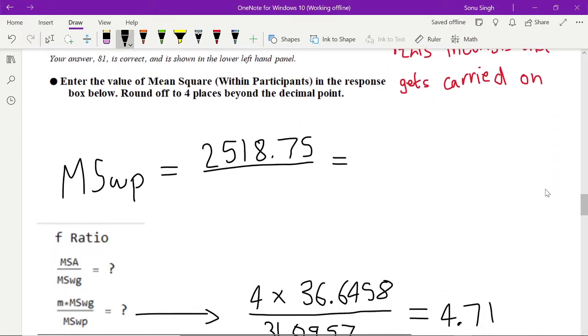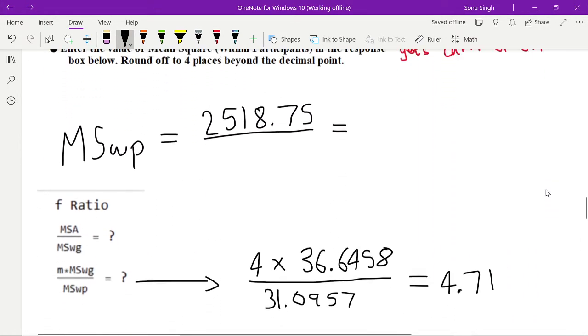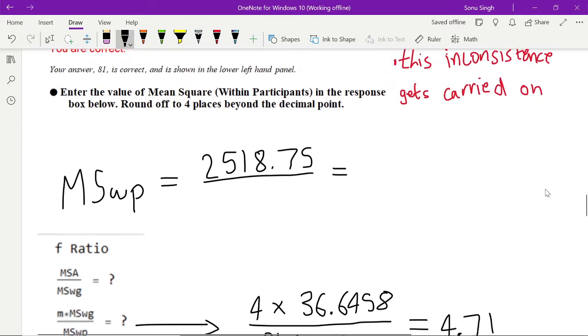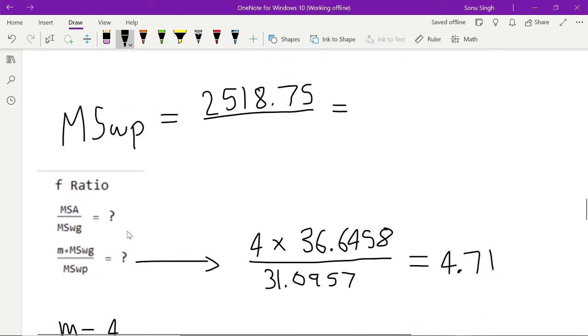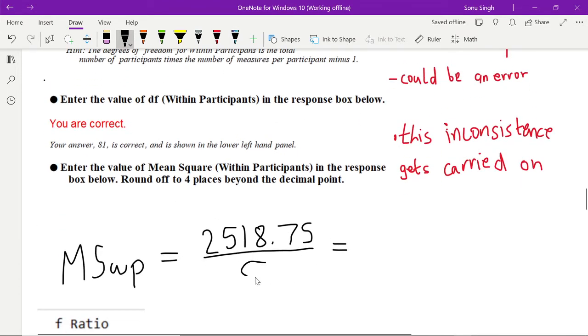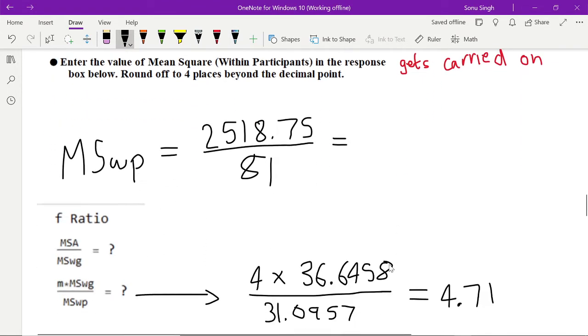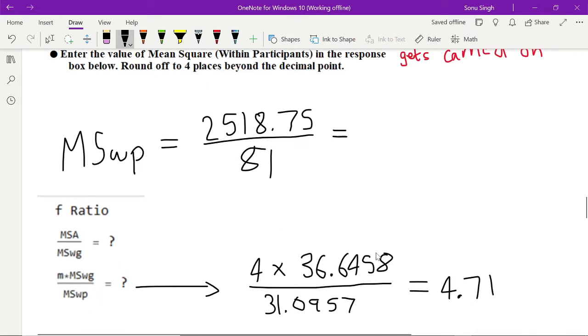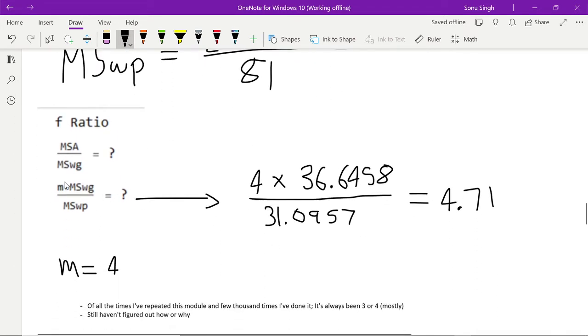And so now if we go down here, SPW, this one is actually the more annoying but tricky one. So this one's actually 81. You divide that, you would get the final answer. Now this one's actually the more annoying one because of that M, which got me a lot of the times.